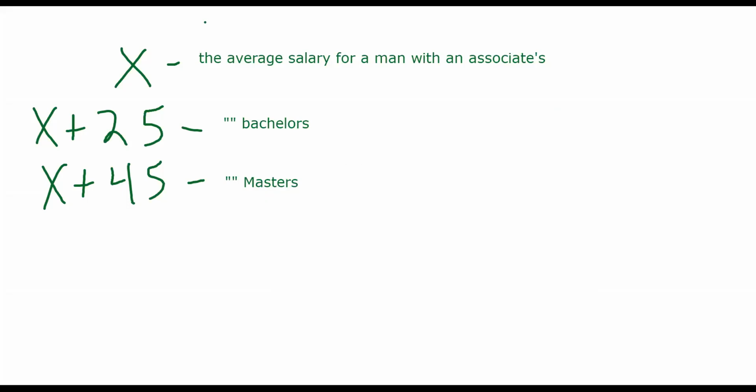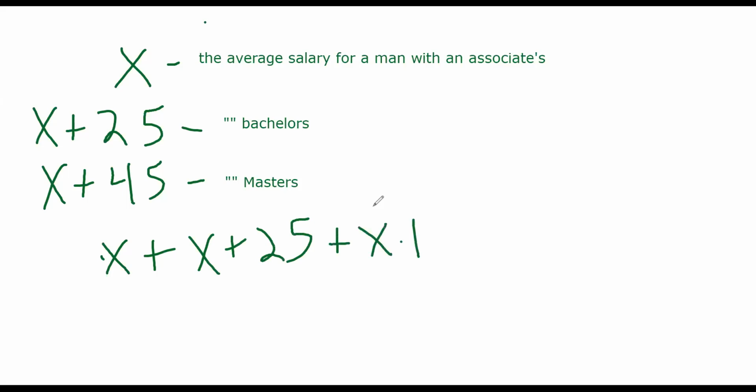So let's see, if I add the associate's degree salary plus the bachelor's degree salary, which was already X plus 25, plus the master's degree salary, which is X plus 45. What will that equal? Well, yeah, you're combining like terms, which is literally the next thing we're going to do, right? But just at the get-go, this is going to end up equaling 214,000.